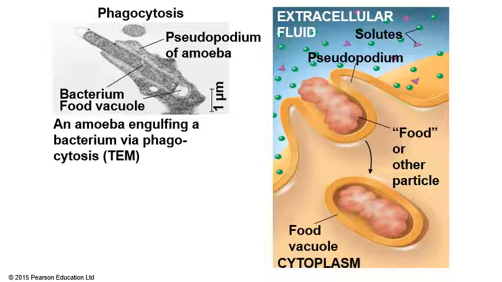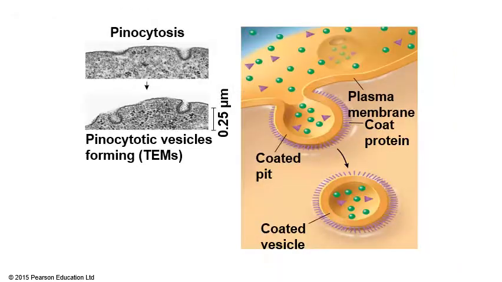Okay, phagocytosis, cellular eating. The cell can eat up a bacterium or food by wrapping it up with the plasma membrane, making a food vacuole. And that food vacuole, as we already discussed, can merge with the lysosome and be digested inside the cell. This one is showing you pinocytosis, cellular drinking.